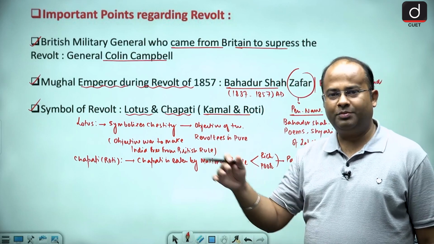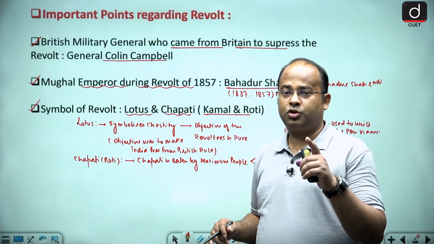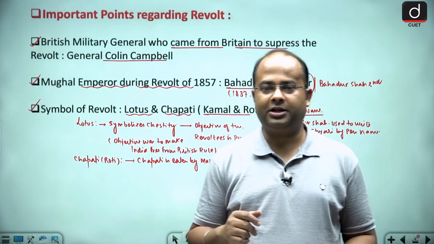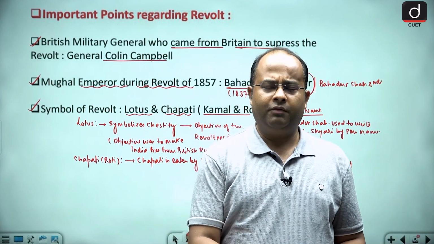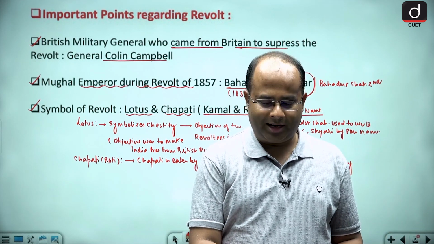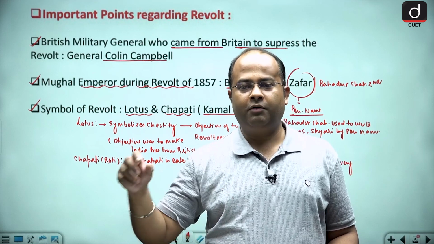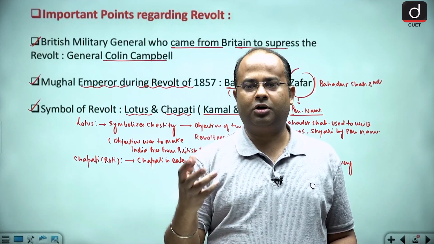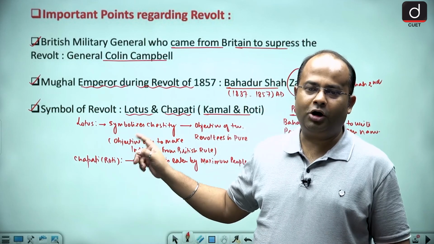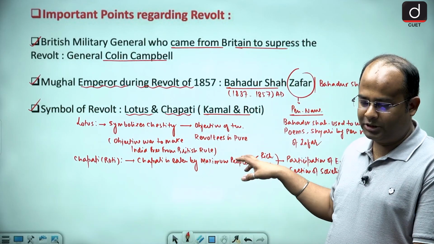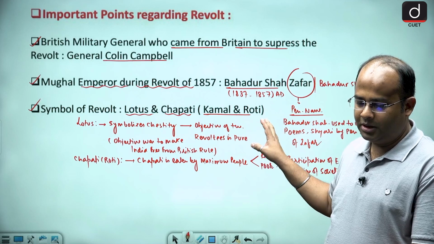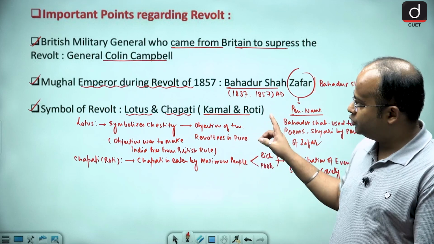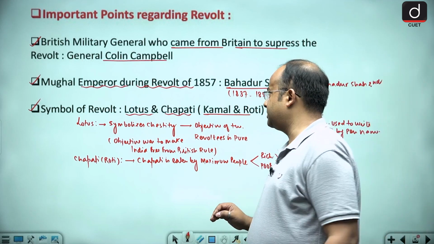If we want to make this event successful, every section of society, whether they are rich, whether they are poor, whether they are farmers, landlords, soldiers, the ruling class or the princely class, they all have to participate. I hope it is clear to all. So the symbol was lotus and chapati.